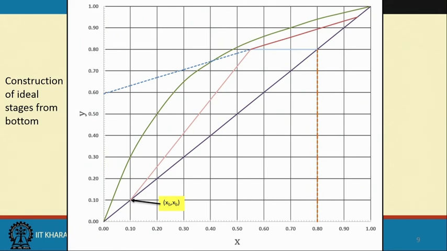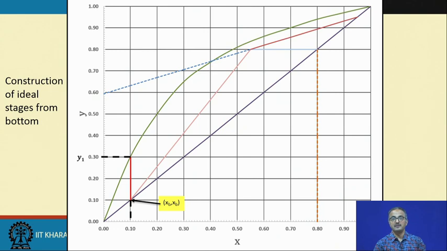Now we can repeat the same exercise not from the top but from the bottom of the column, and we should get the same result. To get the staircase construction considering the bottom, the stripping section, we go to the equilibrium curve, because the vapor coming out from the reboiler, which is generally taken to be a partial reboiler, is ideally at equilibrium with the liquid.